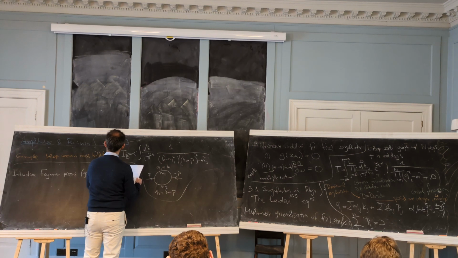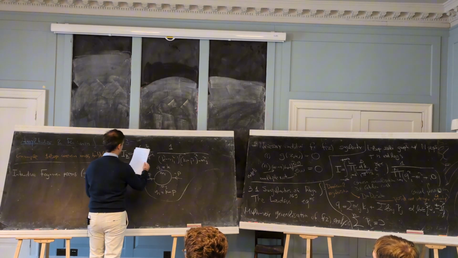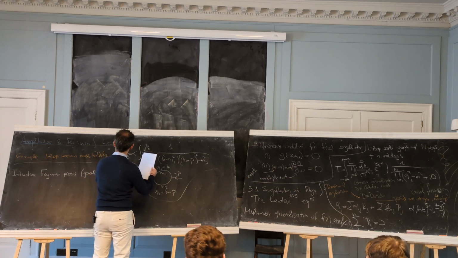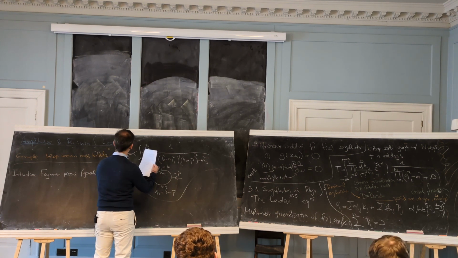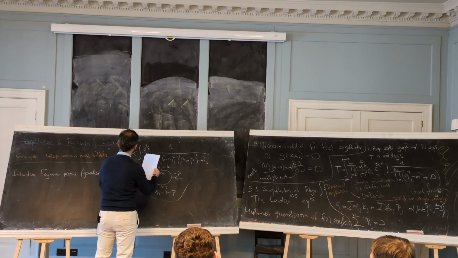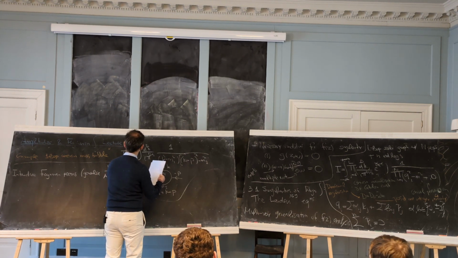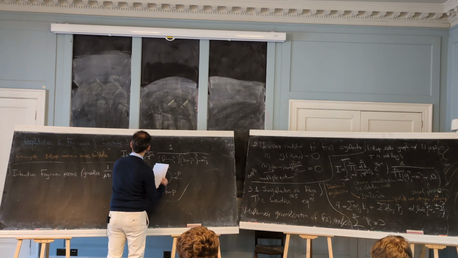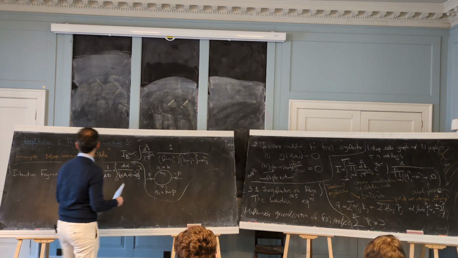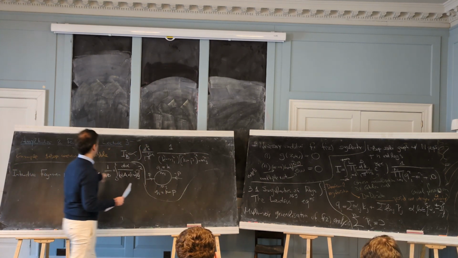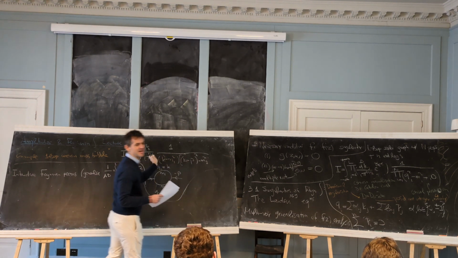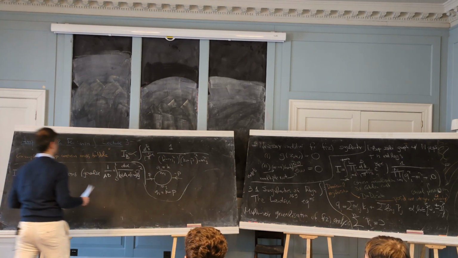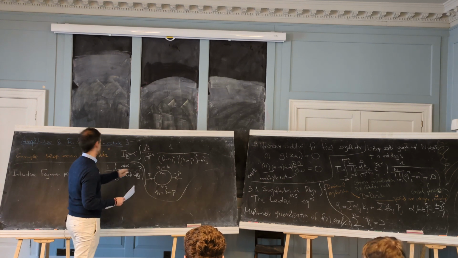It's the trick of taking a product of two denominators and writing it as a single denominator: integral from 0 to 1 d alpha over alpha A plus 1 minus alpha B, squared. You can apply this over here to bring everything into one denominator, and you can do it also with many products.